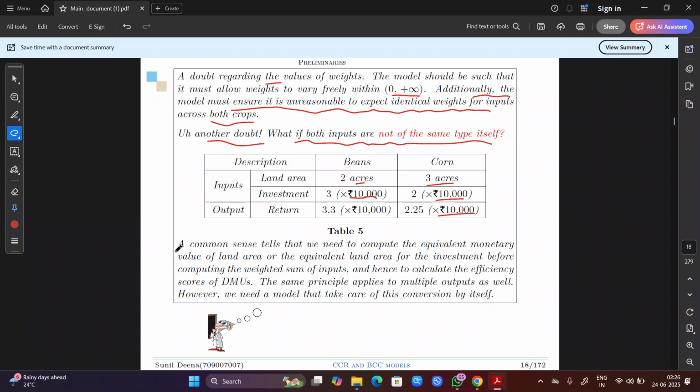So common sense tells that we need to compute the equivalent monetary value of the land area, or the equivalent land area for the investment, before computing the weightage of the inputs, and hence calculate the efficiency score of DMUs. The same principle applies to multiple outputs as well.